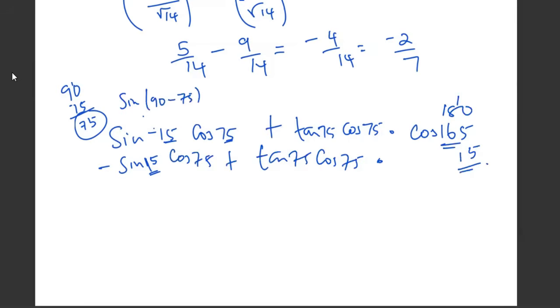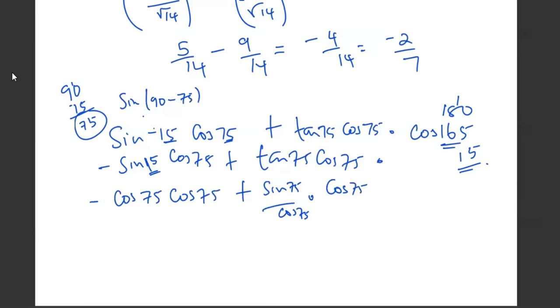Okay, so this gives me cos of 75, plus, you know that tan 75 is the same as sine 75 over cos 75 multiplied by the cos of 75. We said this is going to give us 180 minus 15, and if it's a cos, it's going to be a negative cos 15. Okay, negative cos 15.